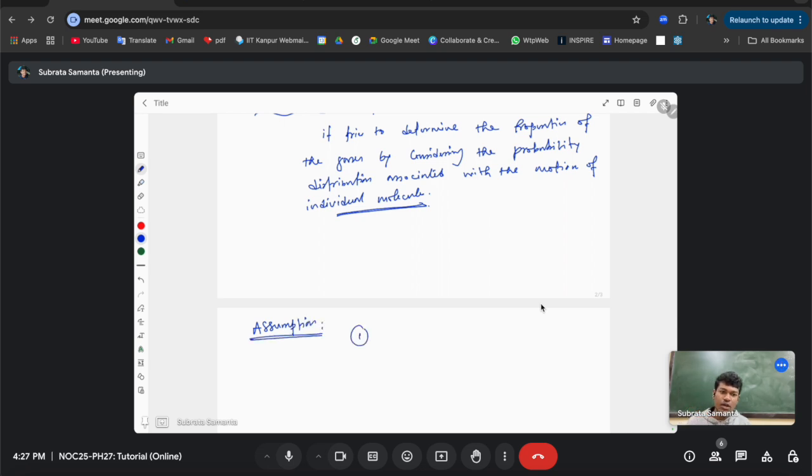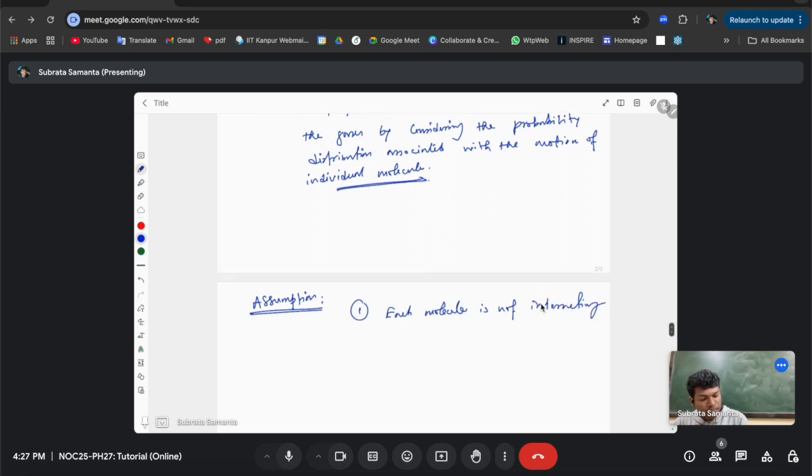the first assumption is that each molecule is independent, that means it does not interact with other molecules. Now you may ask, if the molecules are not interacting, then how do we determine the properties of the gases?